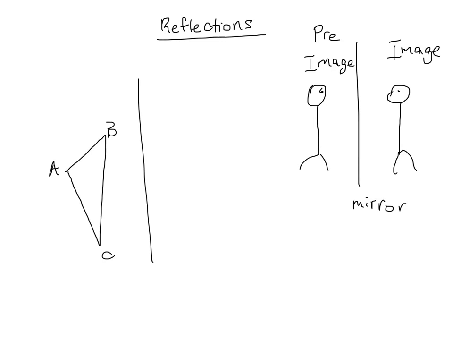In order to figure out exactly where that would be, a good idea would be to draw a horizontal line, so we can see the distance. From B to the mirror is that, and if I had a ruler here, I would measure that same distance, and then I would put the image of B, and I'll call it B prime.